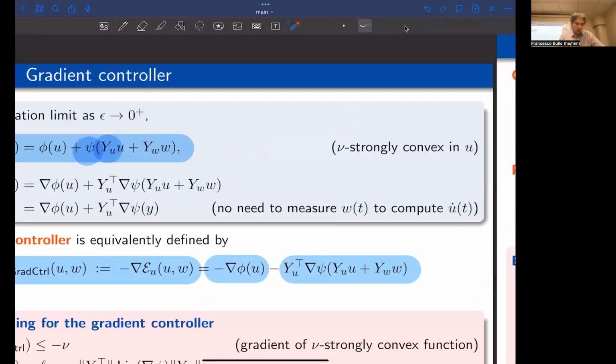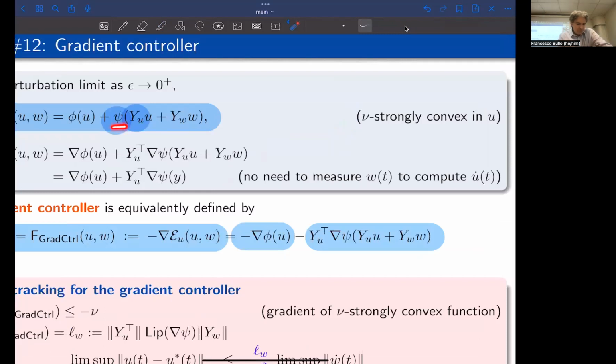You may say, Francesco, you're taking the gradient of psi with respect to u. Shouldn't it just be the gradient of psi times y sub u? If you do the product rule, for a composite function, you do the gradient of the first times the gradient of the second. Why does the gradient of the second appear first? I'll let you think about it. You don't need to understand anything about contraction to do this. But my point is that the vector of partial derivatives is to be thought of as a covector that lives on the dual space. And then because you transpose it, the matrix shows up first.